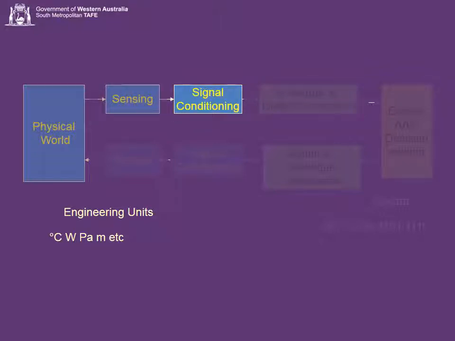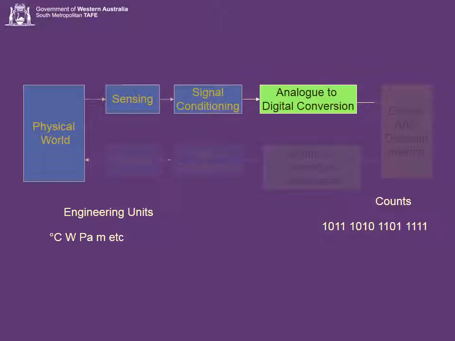We condition that change into a signal. Now, in air conditioning, this signal is invariably 0 to 10 volts. So we take that signal and we change it into 0 to 10 volts. If it's a temperature, it's actually a resistance, but it still is actually 0 to 10 volts when you think about it. So we condition into a signal 0 to 10 volts, and we feed that signal to our controller.